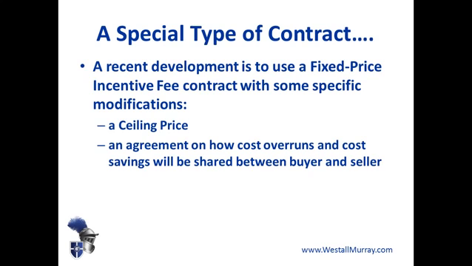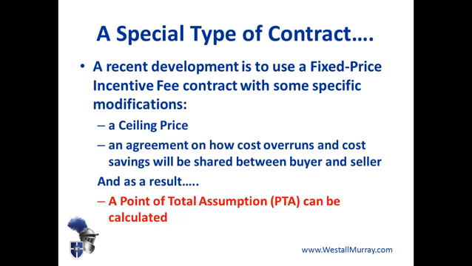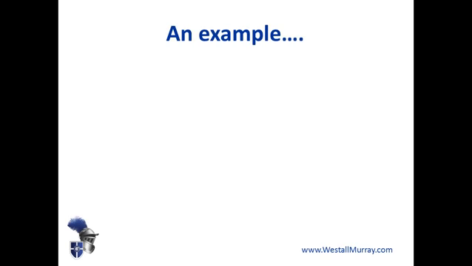It is just an estimate, so the costs might be different. So typically, the buyer and seller agree how cost overruns and underruns will be handled, and we'll see this in practice in just a moment. As a result of doing all of that, you can calculate something called a point of total assumption. So let's look at how that's calculated first, then we'll talk about what it means in practice.